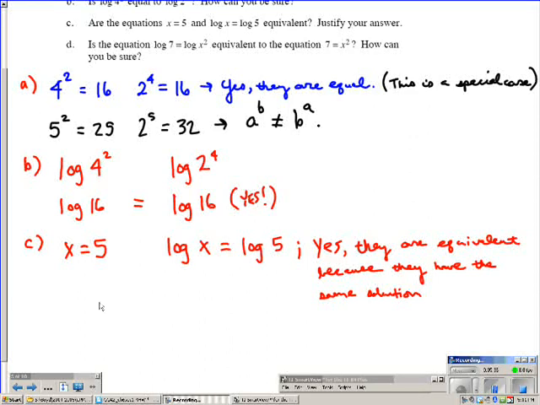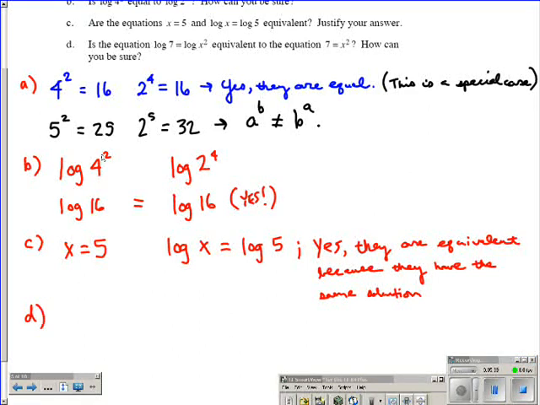All right, let's move on to letter D. Is the equation log of 7 equals log of x squared equivalent to the equation 7 equals x squared? How can you be sure? This one follows the same guidelines as letter C. If we have log of 7 equals log of x squared, we've got the same base here, so it's safe to say that x squared is going to have to equal 7 for that to be true.